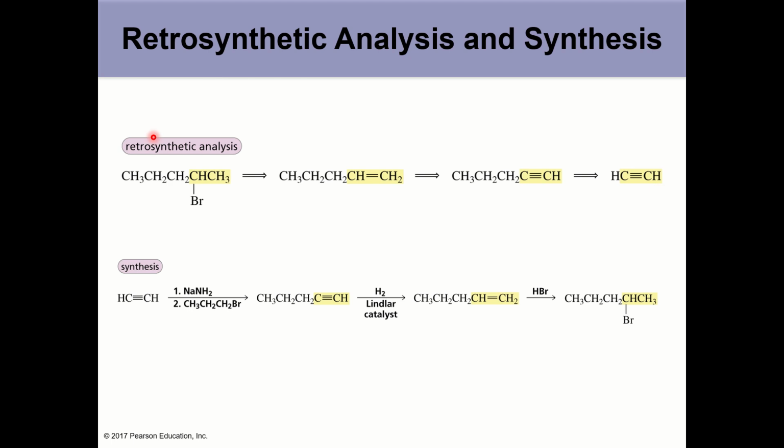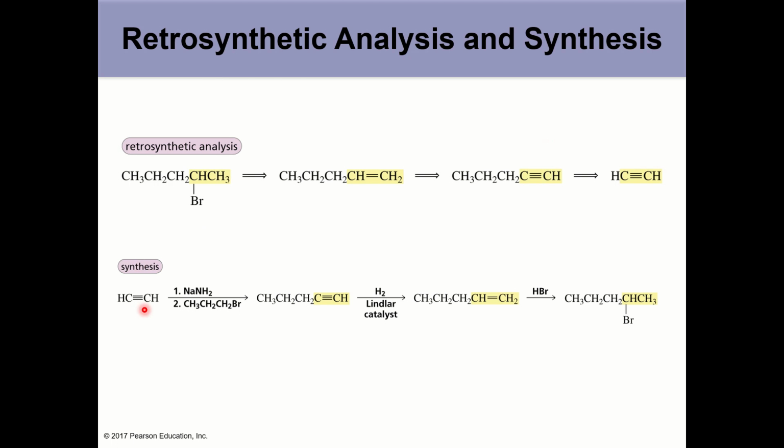So then, once they have done this analysis of functional group transformations, the alkyl halide from the alkene from the alkyne, and the 5-carbon alkyne from the 2-carbon alkyne, they'll go back, starting with the 2-carbon alkyne, and put in the reagents required to go from 5 to 2, from alkyne to alkene, and from alkene to alkyl halide.